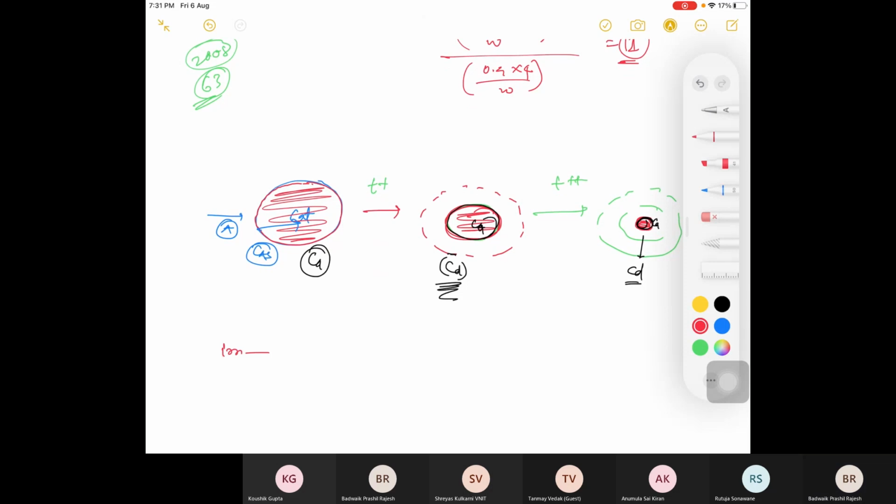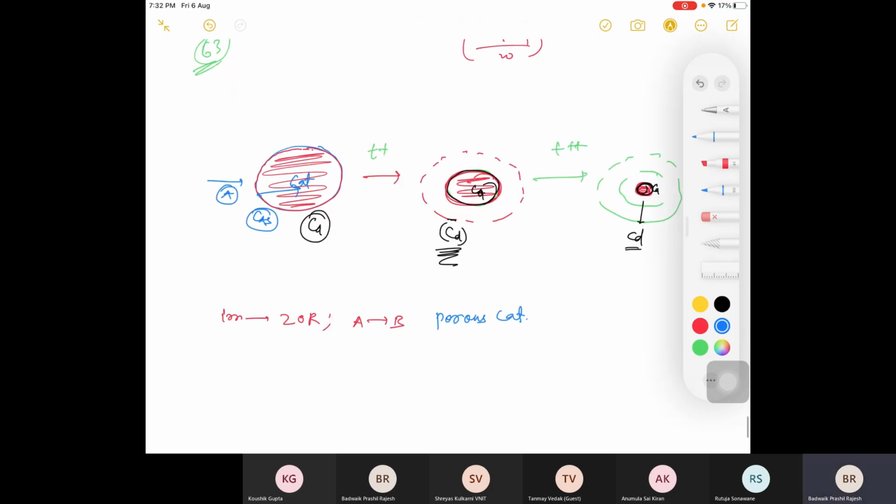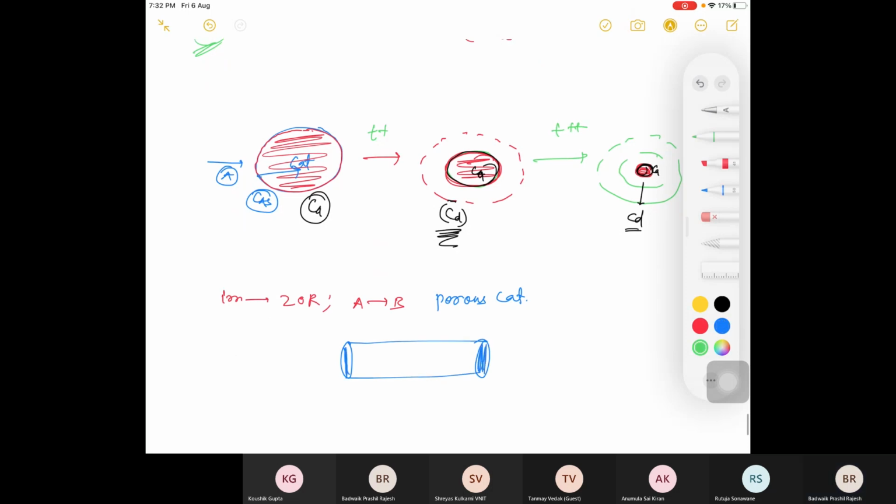Irreversible, zero order reaction is given. A gives B. It takes place in a porous catalyst, and that has been sealed at both the ends. This is your porous catalyst, sealed at both the ends. Then assume dilute concentration and neglect the variation in axial direction.